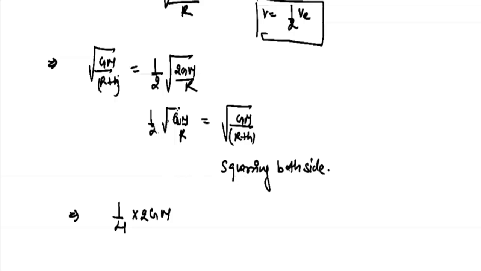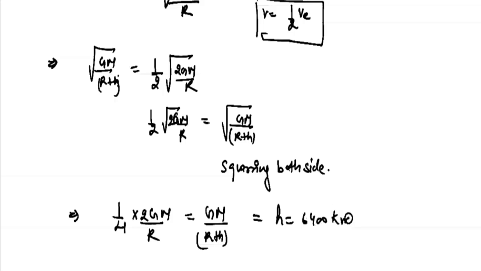I just forgot to put it here. So 2 GM divided by r is equal to GM by r plus h. So from here you will get h is equal to 6400 kilometer. That is basically equal to r.